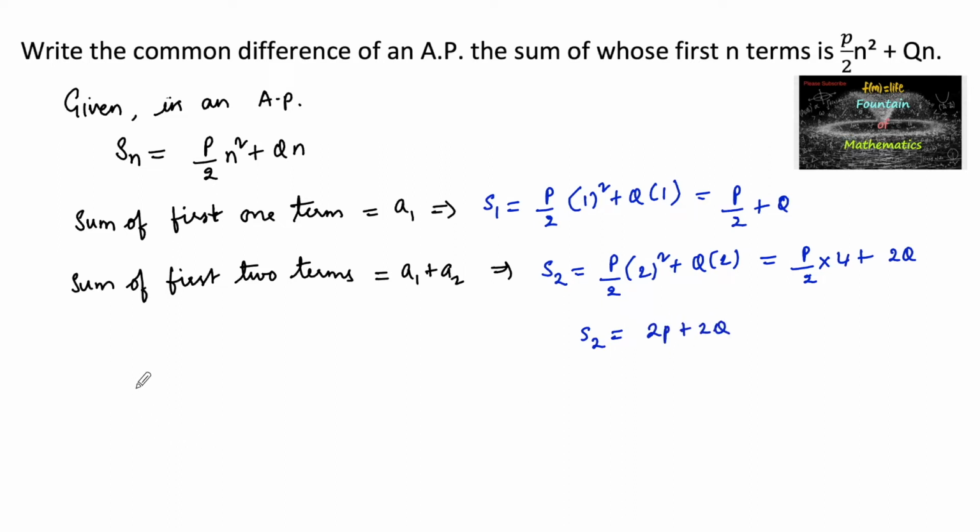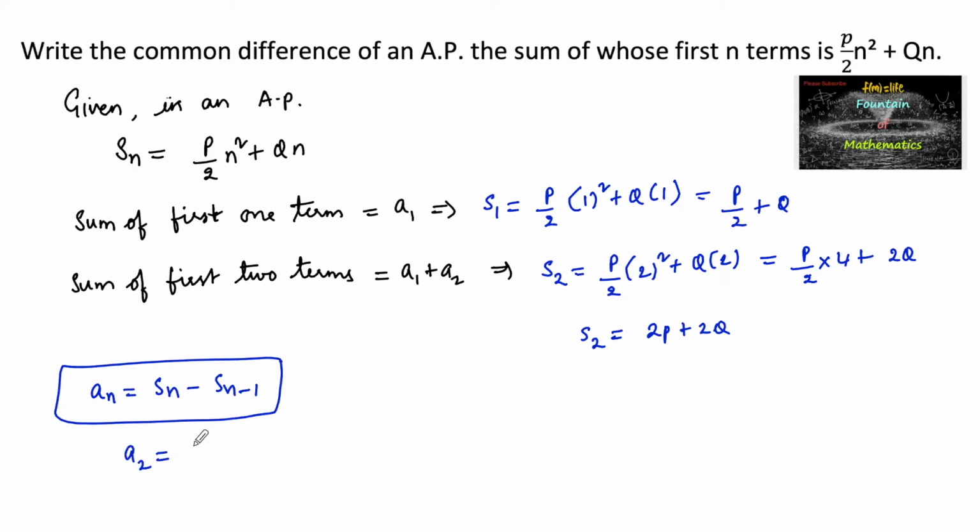And then we have an is equal to sn minus sn minus 1, meaning the nth term can be obtained by using the sums. So we can find the second term, which is equal to s2 minus s1, that is s2 is 2p plus 2q minus s1, which is p by 2 plus q.